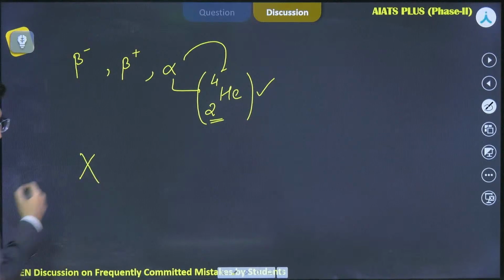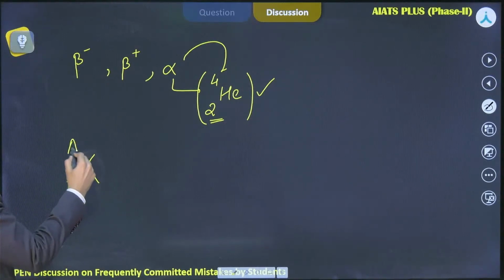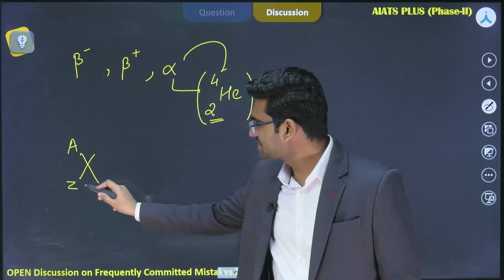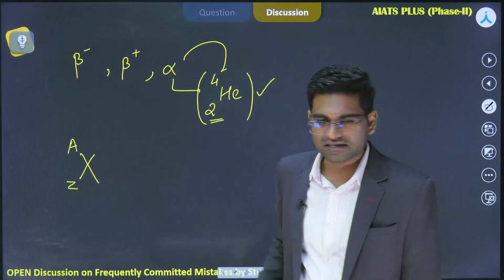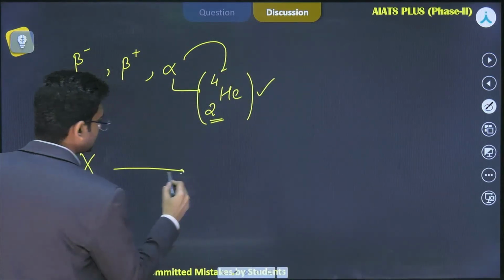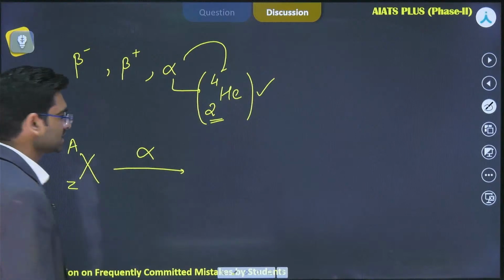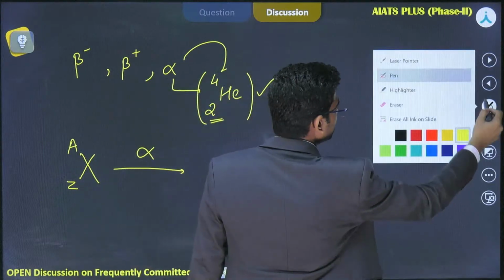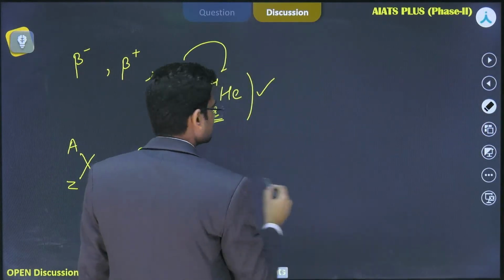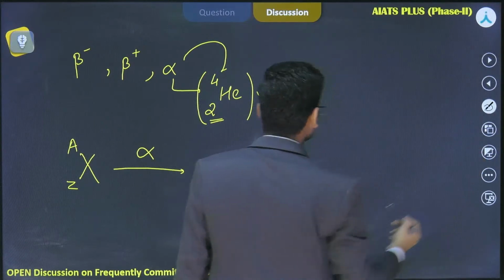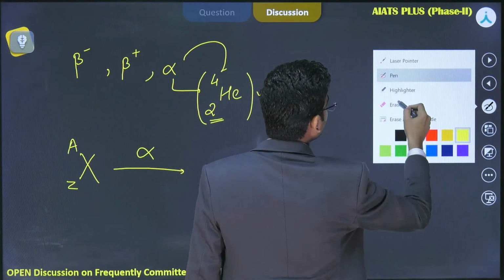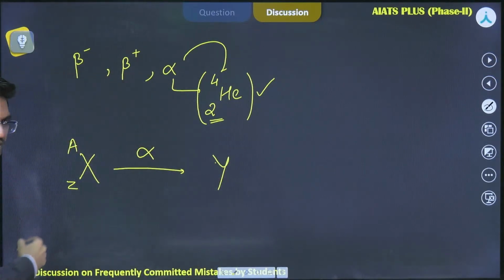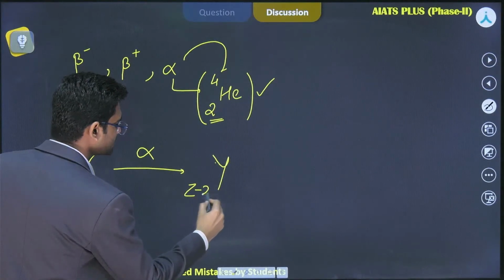Let's say this is X, with atomic number Z and mass number A. Now if it releases one alpha particle, it will become another nucleus, Y. Its atomic number will be reduced by 2, so it becomes Z minus 2.